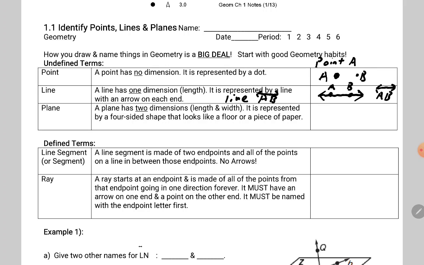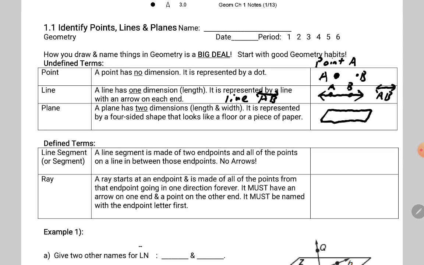A plane. This is kind of harder to describe, but it has 2 dimensions. It's kind of like a piece of paper, but a plane can extend out infinitely. So if you look at your wall, just imagine it extending out forever and ever.